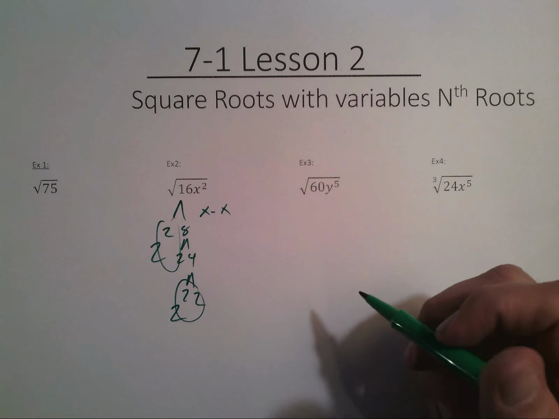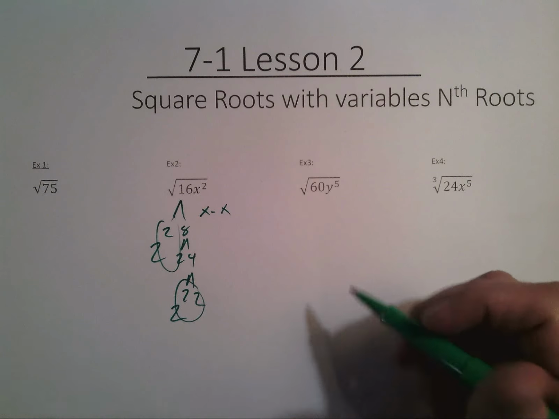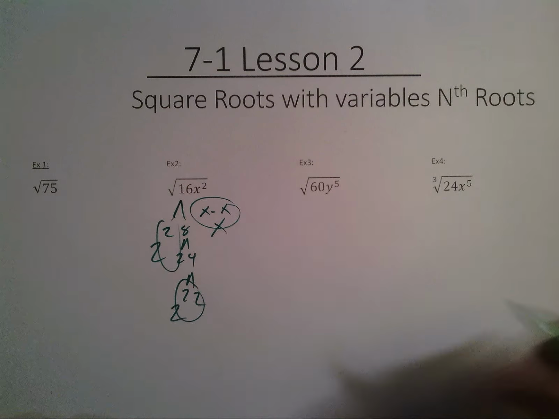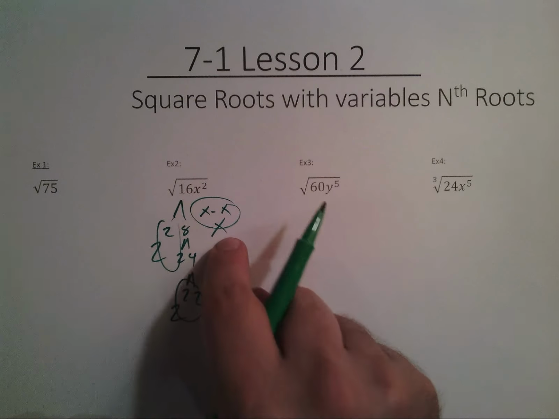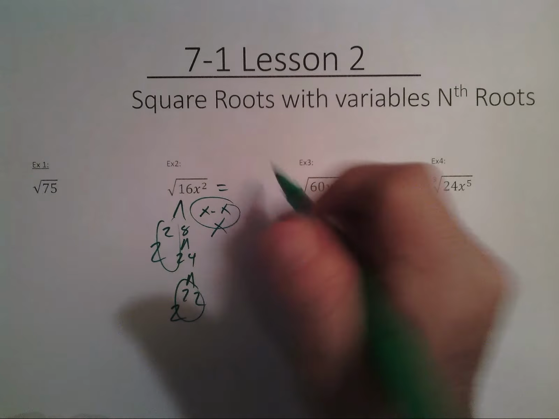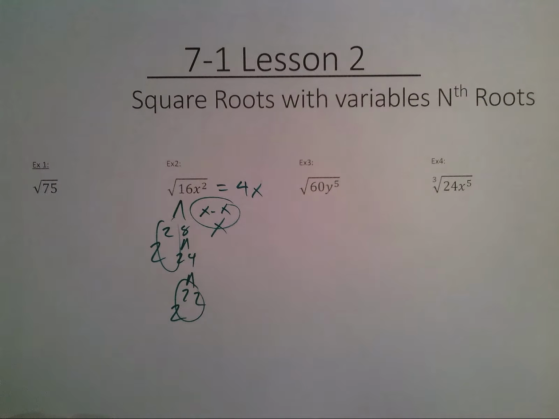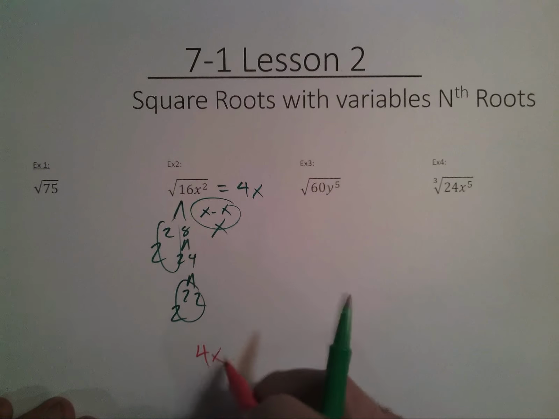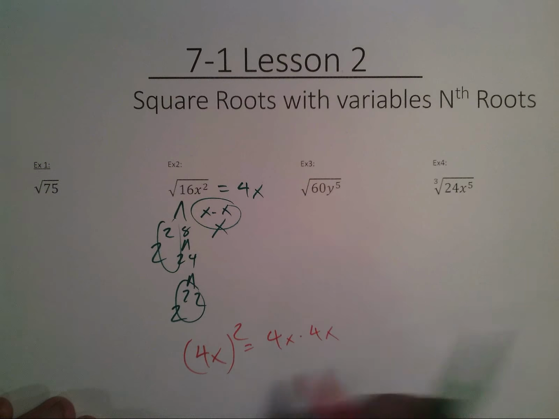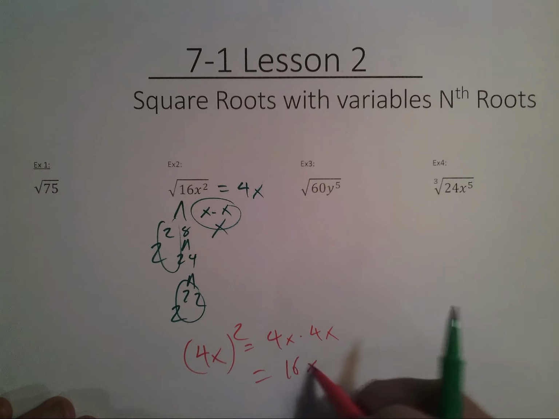And again, I'm looking for groups of size 2. Well, that's both of them. So that means an x comes out. So I have 2 times x on the outside and nothing left on the inside, so this is just equal to 4x. Which makes sense. If I work backwards, if I took 4x and I squared it, that's 4x times 4x. In other words, that's 16x squared.